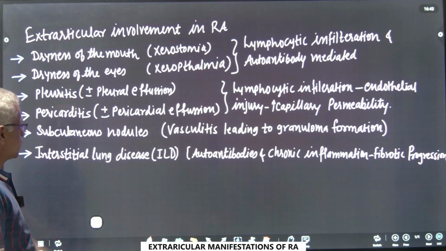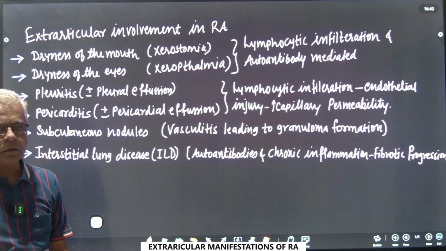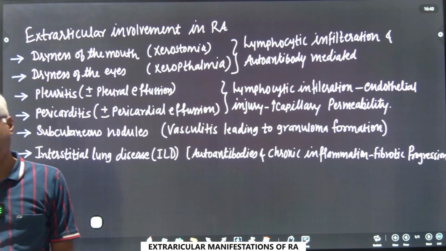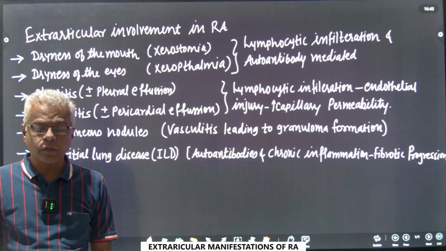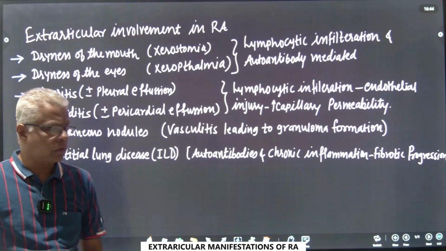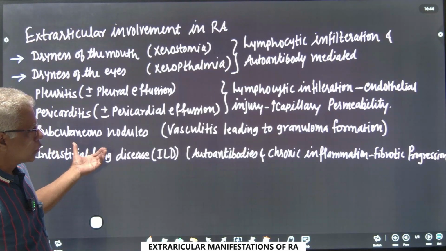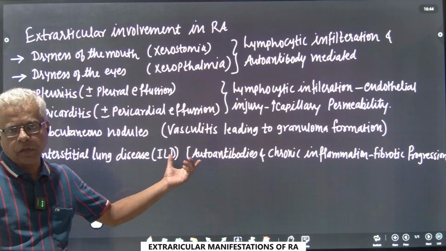And then interstitial lung disease. We have seen in the lung hypothesis of rheumatoid arthritis that antibodies are formed against the citrullinated proteins in the lungs, and these antibodies attack these citrullinated proteins, and because of that a chronic inflammation is formed in the lung tissues.